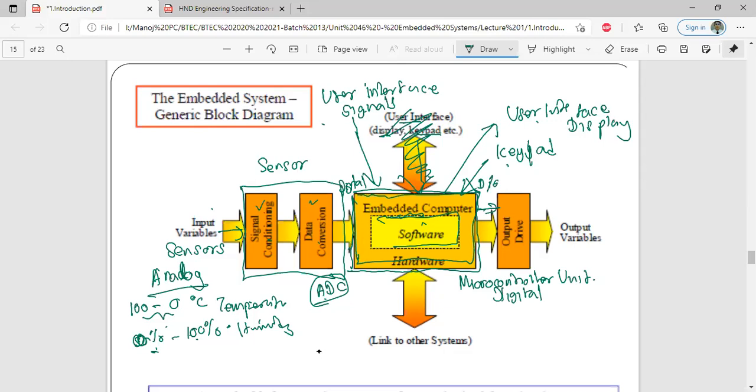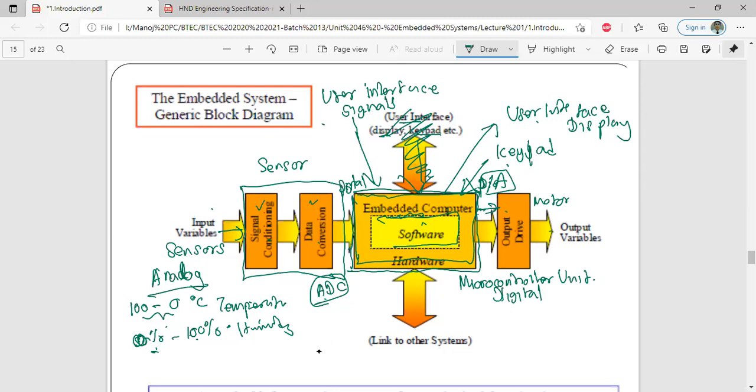So sometimes we may require digital to analog conversion. Let's say the output drive is a motor, and we are giving a voltage value to that motor, so it should again be analog. So sometimes you may need digital to analog conversion between the output drive and the microcontroller unit.